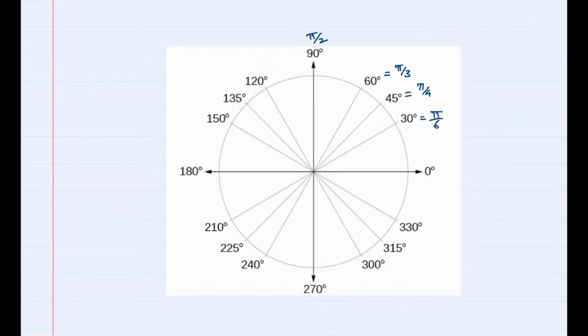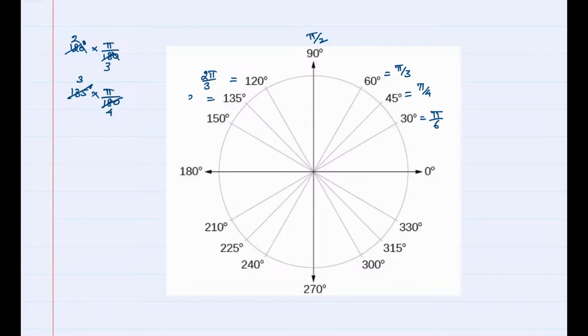Now, let us convert a few second quadrant angles. 120 degrees. To convert it into radian measure, we multiply by pi over 180. 120 degrees is 2 pi by 3 radians. Then 135 degrees, multiply by pi over 180, 3 and 4.